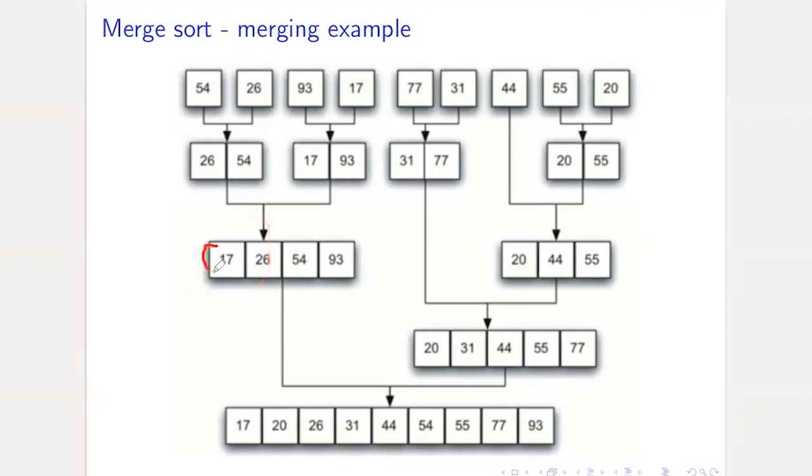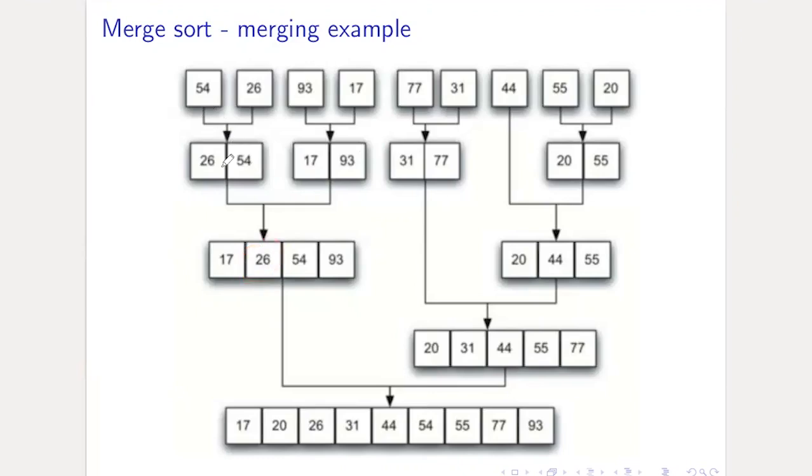Then you remove this one, and you have this list 26, 54, and 93, and then from that you again get the leftmost one. So it will still be 26 here, and this will be 93, and you find the smaller one is 26, so you just put 26 there.